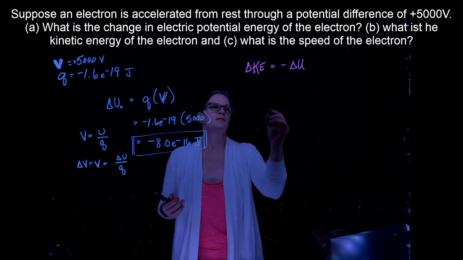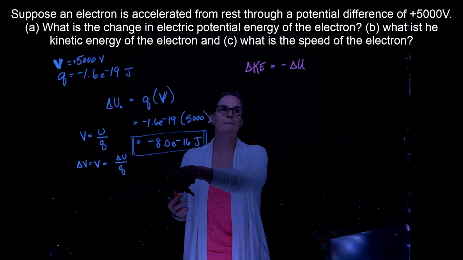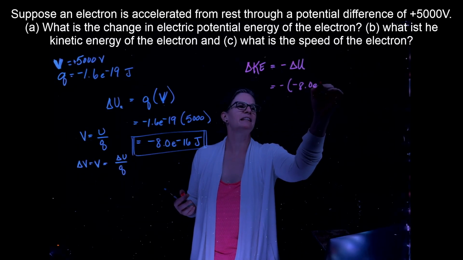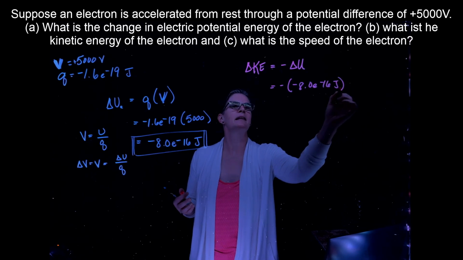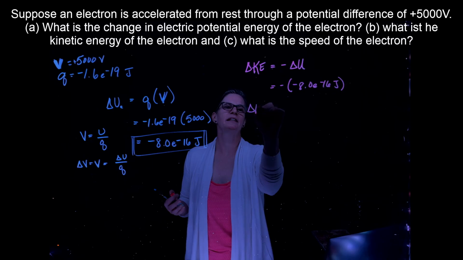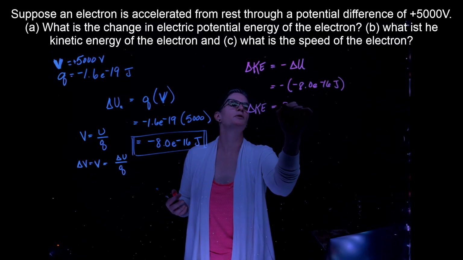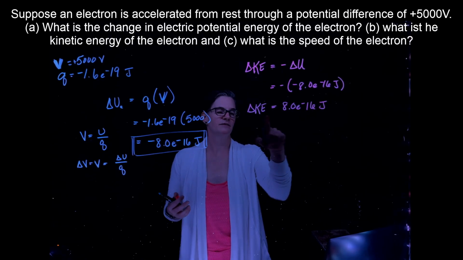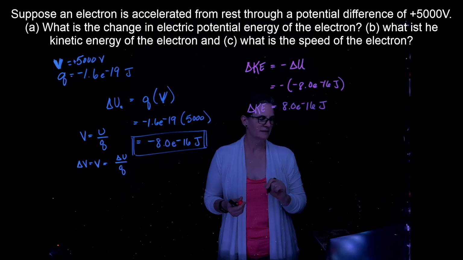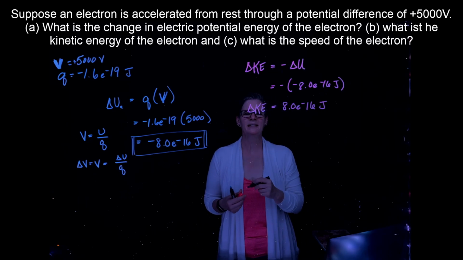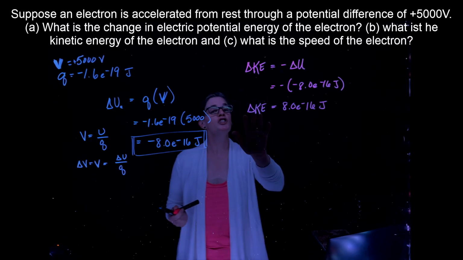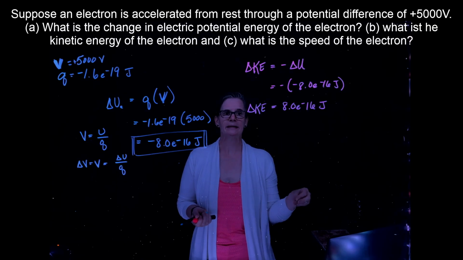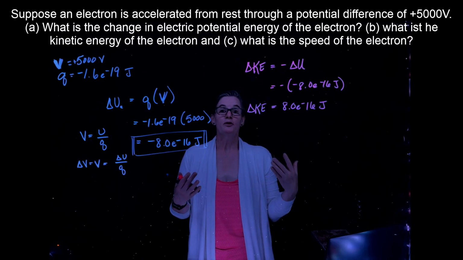So if our change in potential energy is minus 8.0 times 10 to the negative 16 joules, then our change in kinetic energy is a positive 8.0 times 10 to the minus 16th joules. Now this is our change in kinetic energy, not the kinetic energy of the electron after it's been accelerated. So how do we get that?